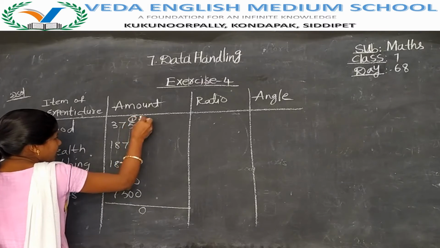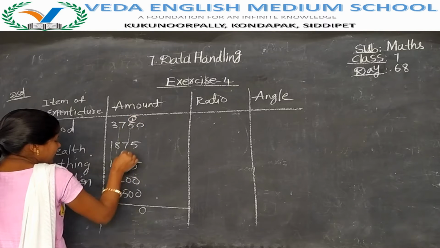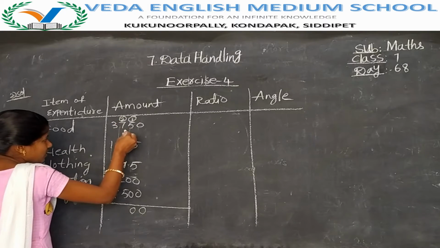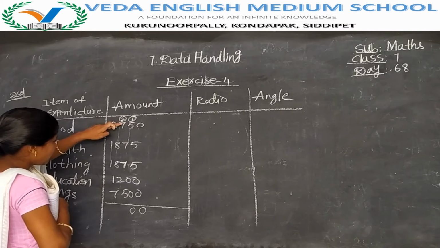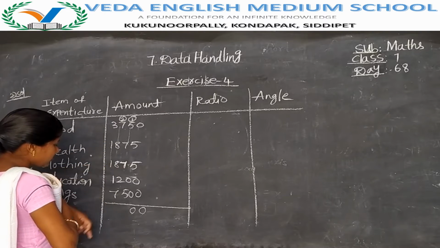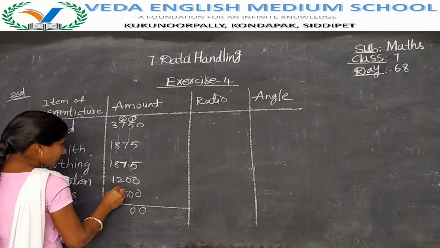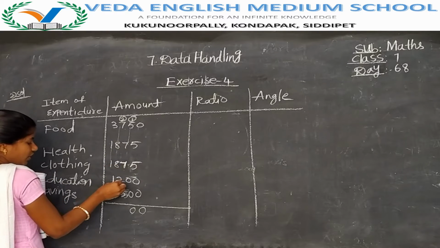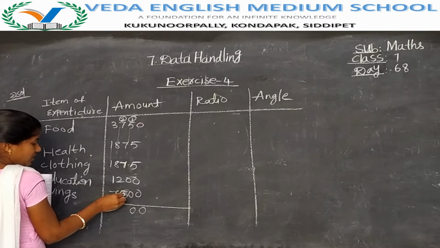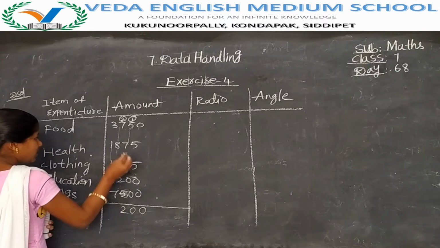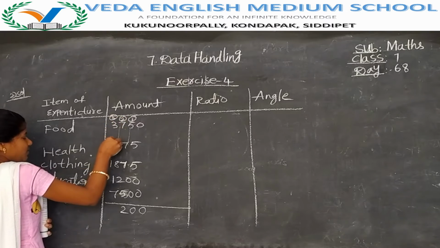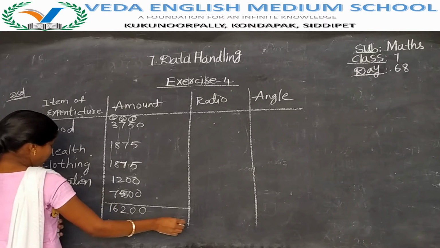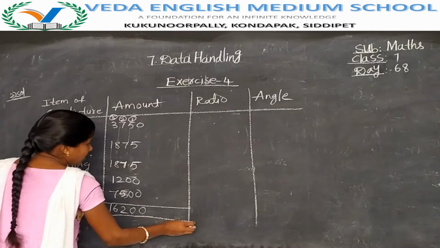Here 1 becomes a carry. 7 plus 5 is 12, plus 1 is 13, plus 1 is 14... continuing the column, the sum is 20, so 0 and 2 becomes a carry. In the next columns we get 8 and then 32, so 3 becomes a carry. Then 3 plus 3, 6, plus 1, 7, plus 1, 8, plus 1, 9, plus 7, 16. So we got the total amount as 16,200.